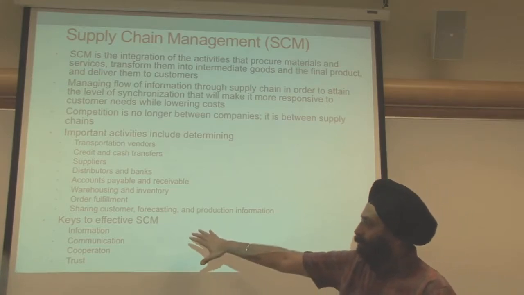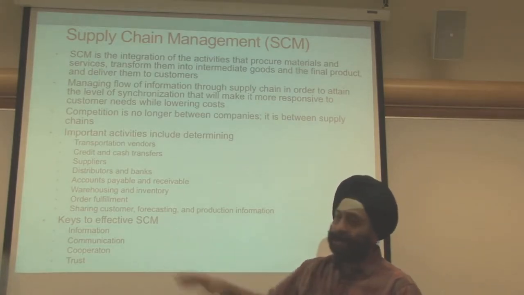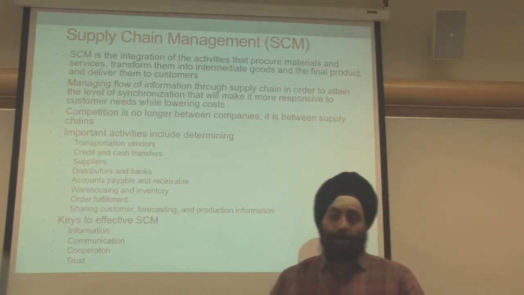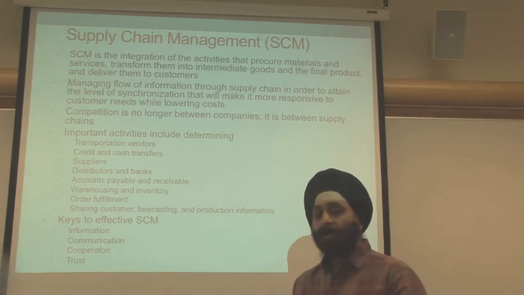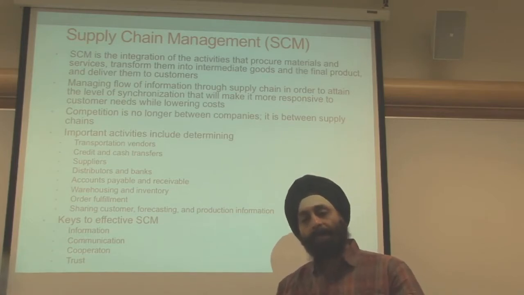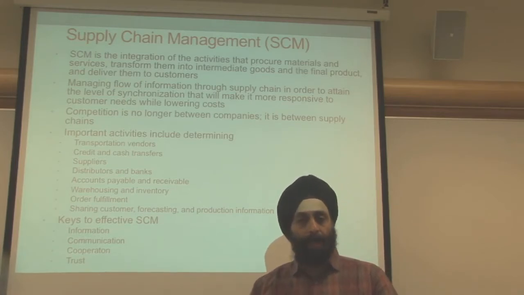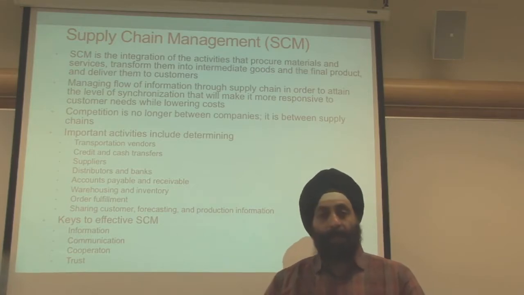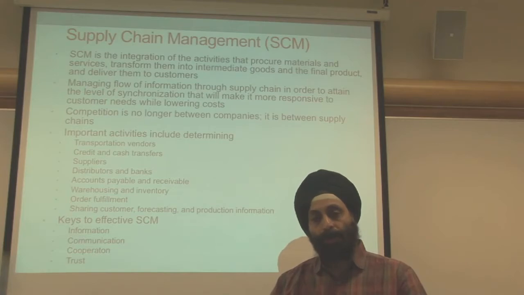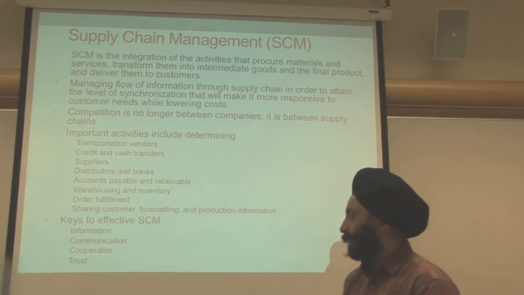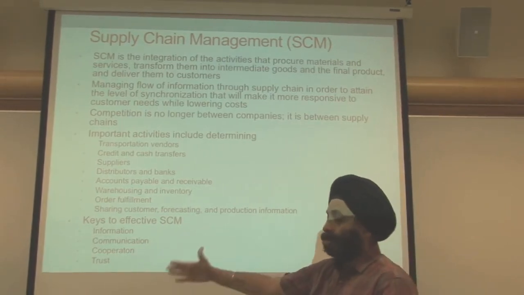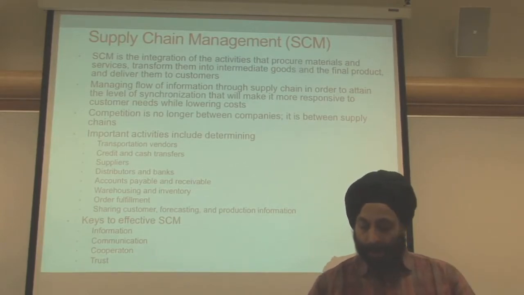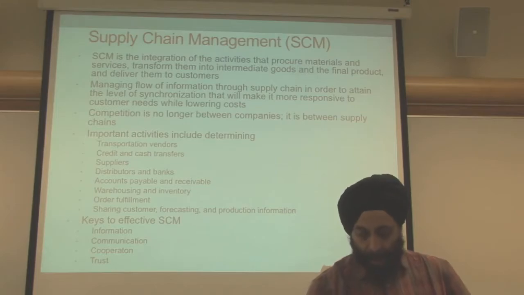The keys to effective supply chain management are information, where timely information and accuracy of information are important; communication, making sure there are frequent and open lines of communication between the various supply chain players, as well as the tendency to communicate when there are any updates; and cooperation as well as trust, which is a must. It's one of the prerequisites for effectiveness in supply chain.